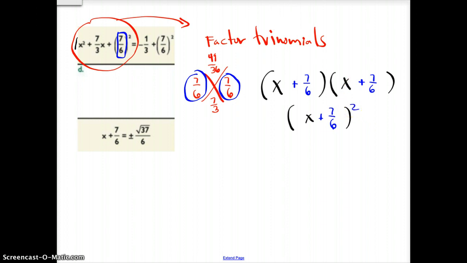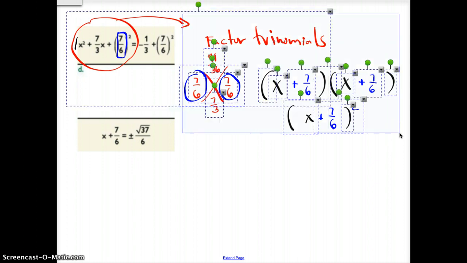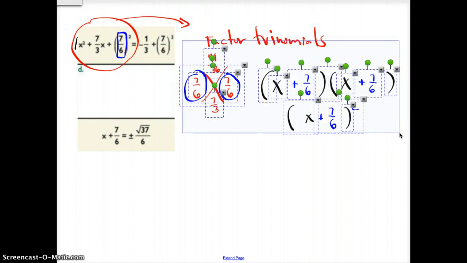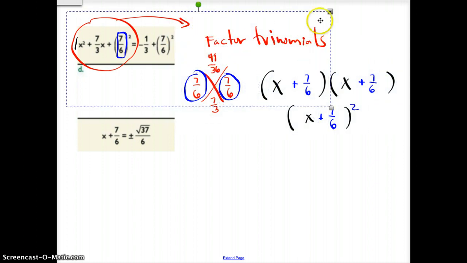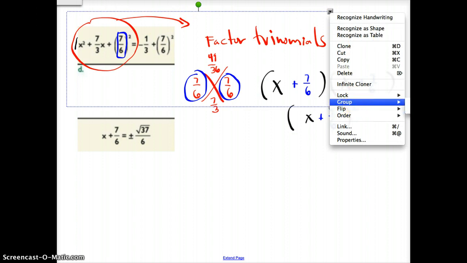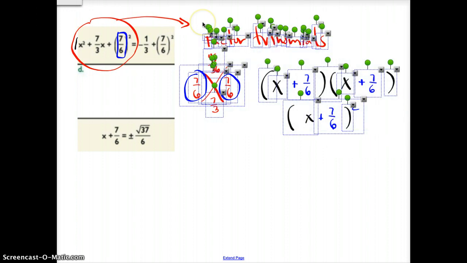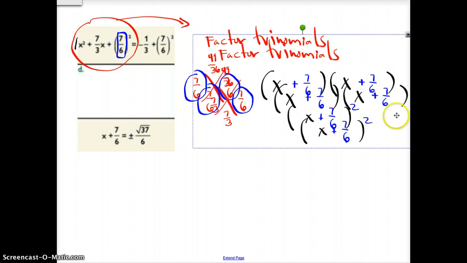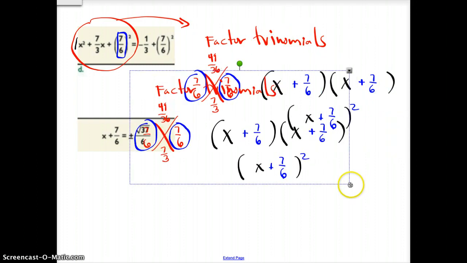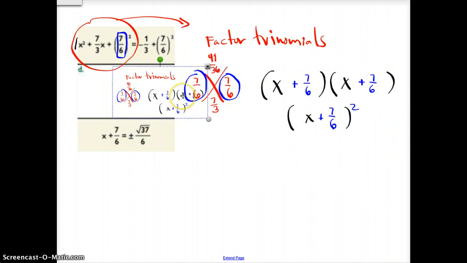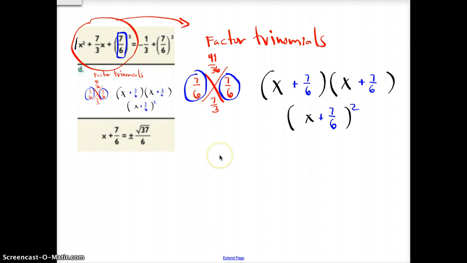So all this stuff here, factor trinomials, you can say Xbox method, whatever you want. Let's ungroup that, and these we can group together, and it's going to magically fit in there beautifully. All you have to do is shrink your work and squeeze it in there.